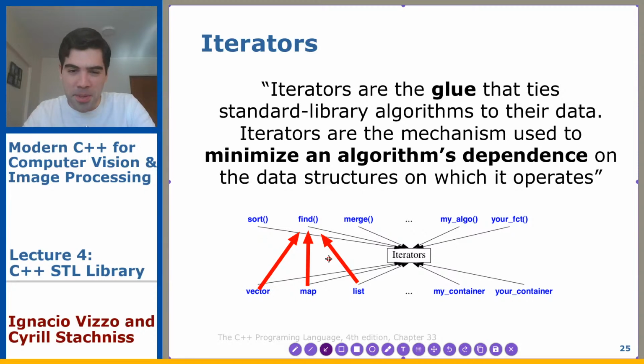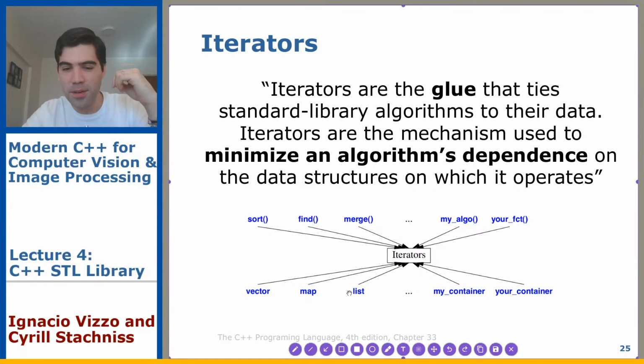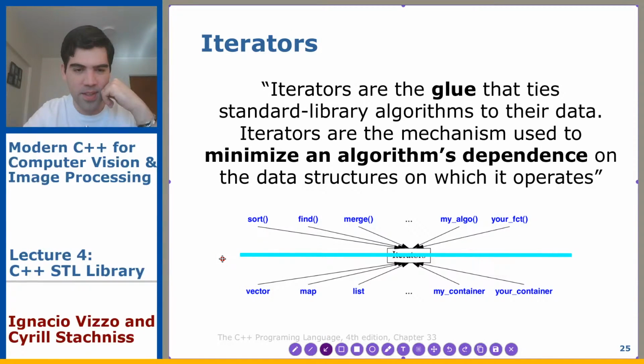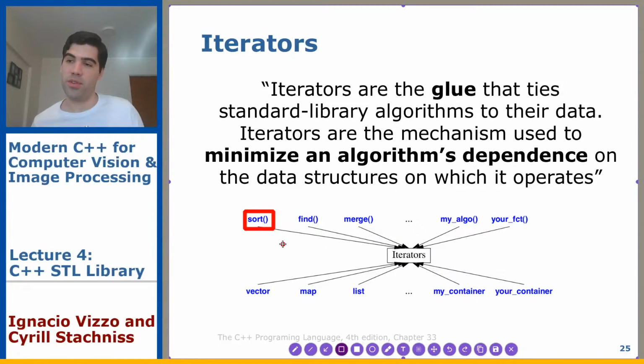So a much better idea is to use the iterators as a sort of interface. This will be the interface between the algorithms and the data, right? Here you have data and here you have algorithms. Then you will write one unique sort function that will be operating with iterators.